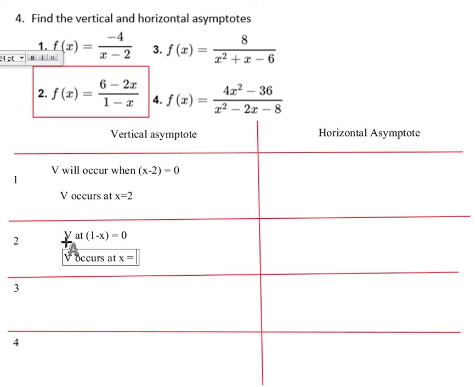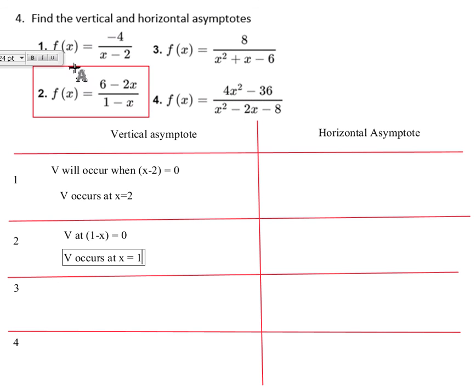So if the denominator equals 0, then f(x) is undefined, and therefore that is our vertical asymptote. So we want 1 minus x to be 0. So 1 minus what would be 0? 1 minus 1 is 0. So in this case, our vertical asymptote occurs at x equals 1.